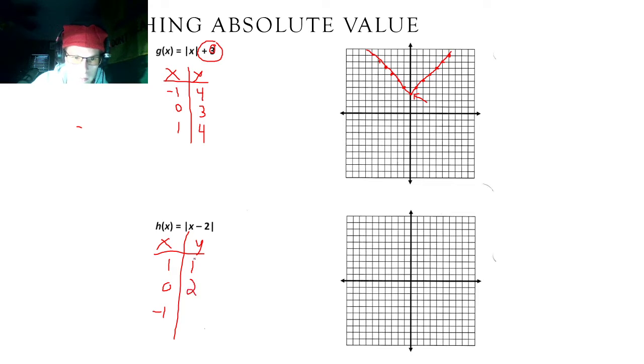Absolute value is 2. -1 minus 2 is -3. Absolute value gives me 3. All right, so let's graph that. 0, 2, 1, 1, and -1, 3. Something is not right here.